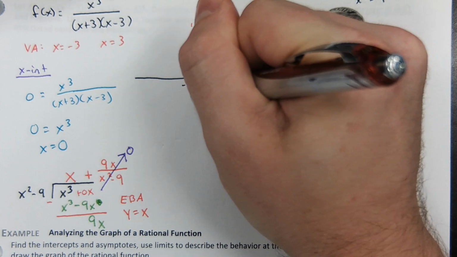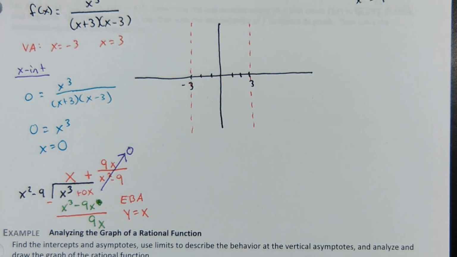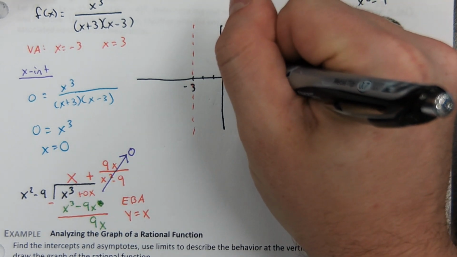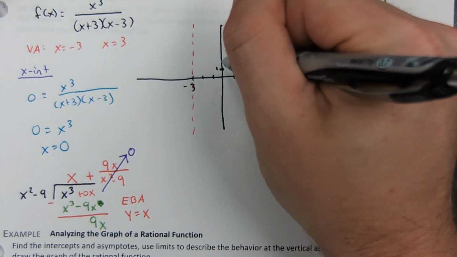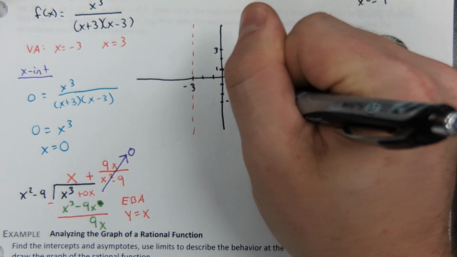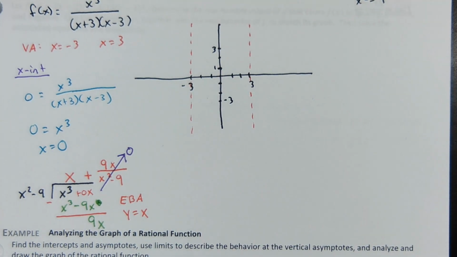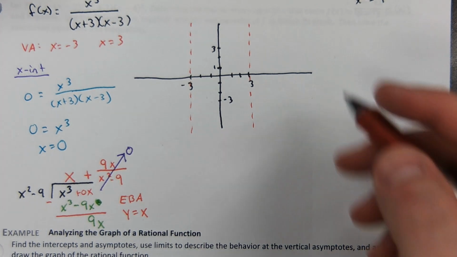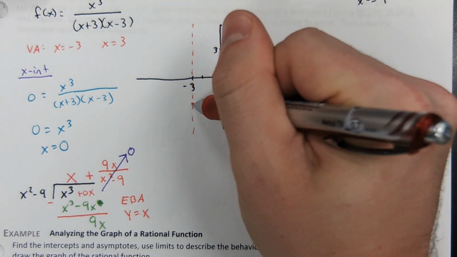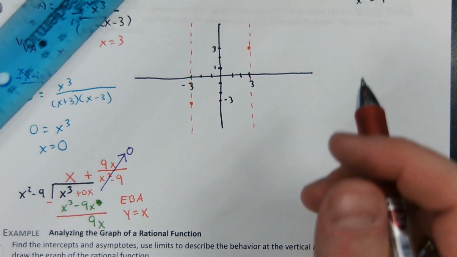These are my vertical asymptotes. So the end-behavior asymptote is y equals x. That means whatever x is, y is, right? That means my asymptotes are going to intersect each other at 3, 3 and negative 3, negative 3, because y equals x.